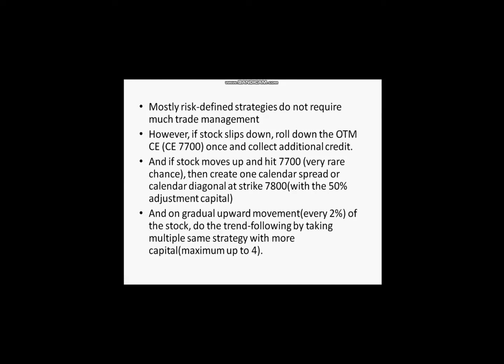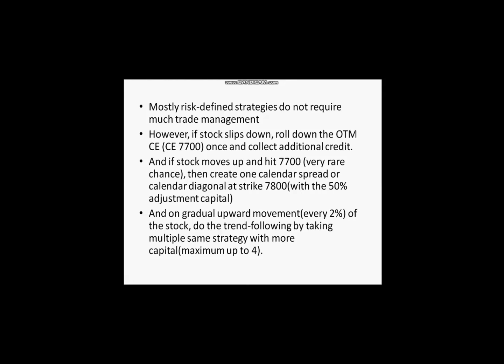So if you keep on adding the same strategy, if the stock moves upward, maximum up to 4 strategy for particular month, you can multiply your profit income, because maximum profit and maximum loss is defined. You will never lose more than the maximum loss defined in the strategy. So very less chance you need to manage the trade.